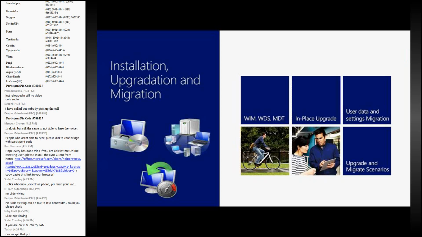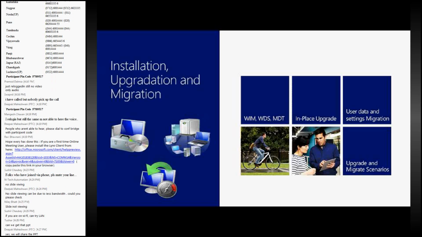In-place upgrade is supported from Windows XP, Windows Vista, Windows 7 to Windows 8 Pro. Just to let you know that in-place upgrade on Windows XP does not preserve your applications, but yes, it preserves your files and settings. Whereas if you upgrade from Windows 7 to Windows 8 Pro, it preserves most of the settings, user settings and migrations.